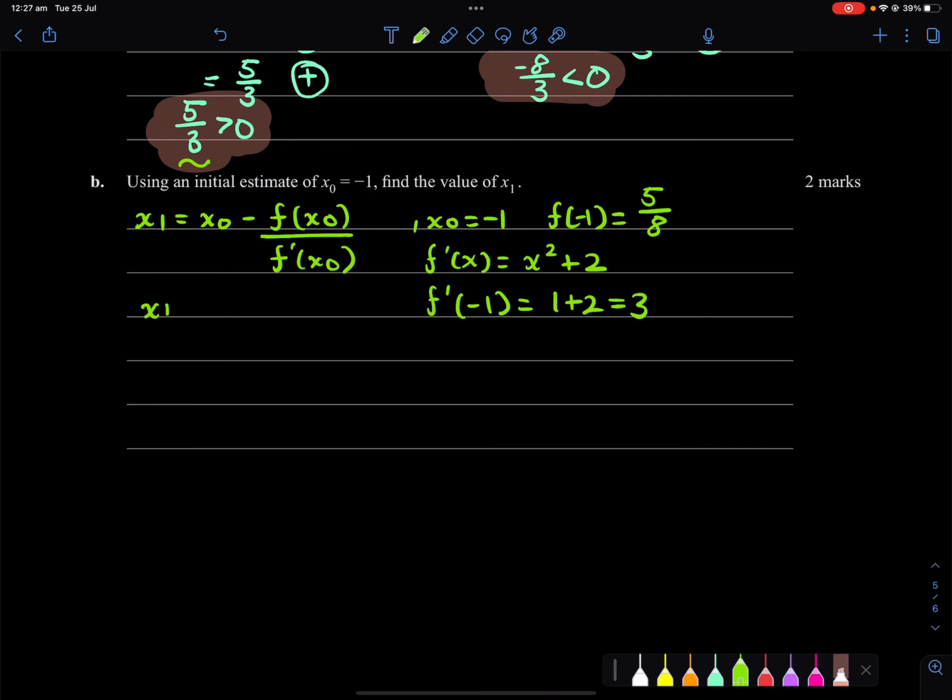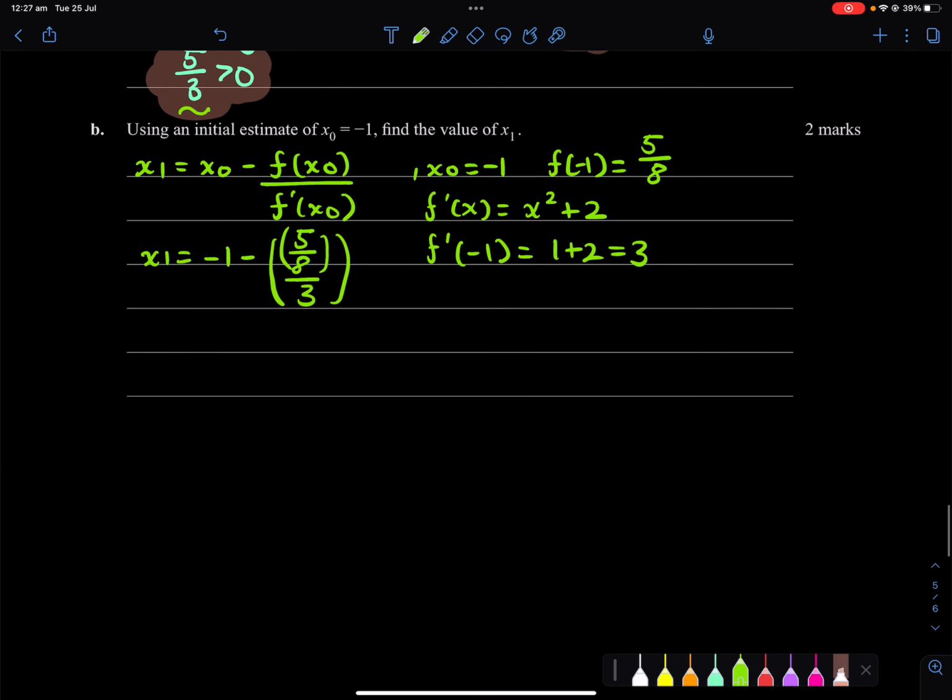So we're saying that x1 is equal to -1 minus, bracket, 5/8 divided by 3. Okay, so x1 equals -1 minus 5/8 divided by 3.